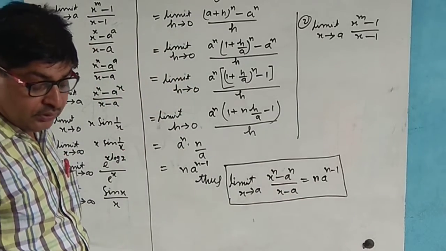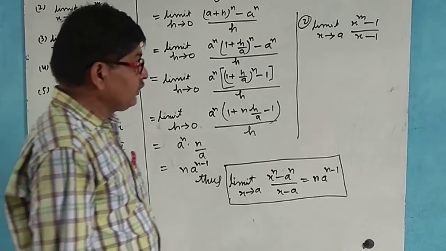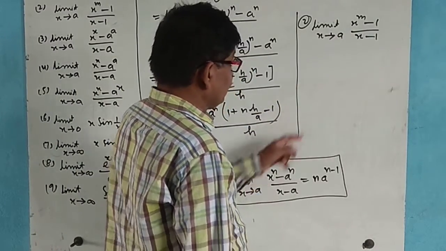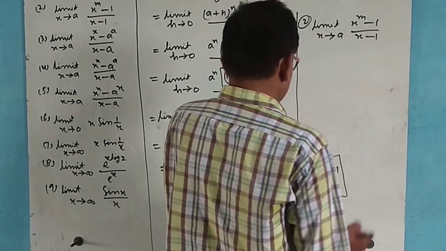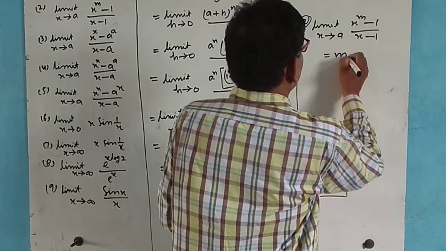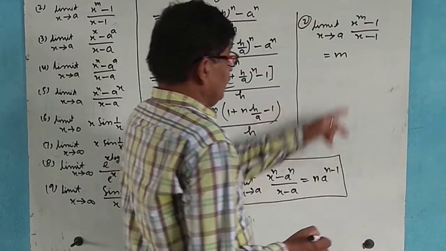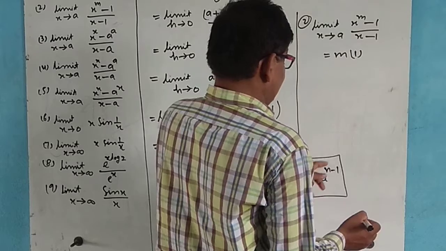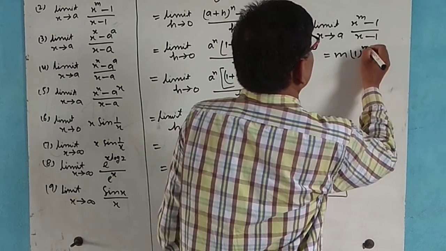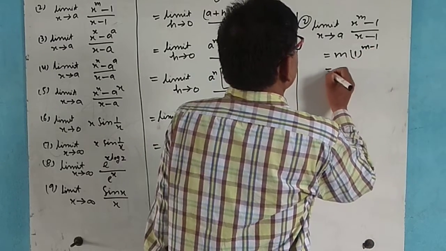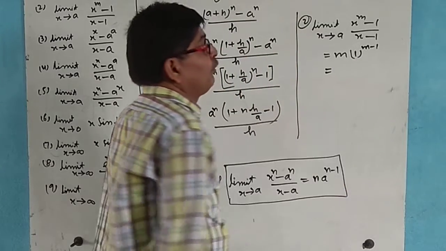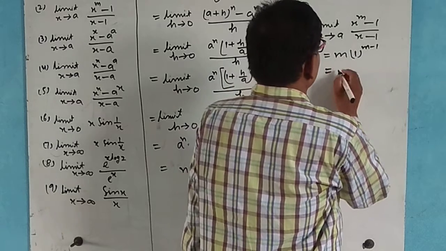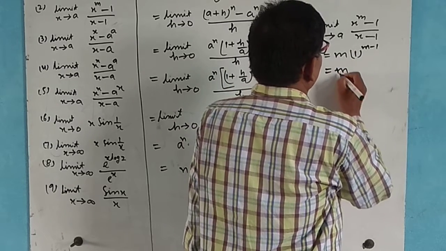Here x to the power m, so n means m, a equal to 1, and the power n minus 1 is m minus 1. This can be written as 1 to the power m minus 1. This is 1, so the answer is m.